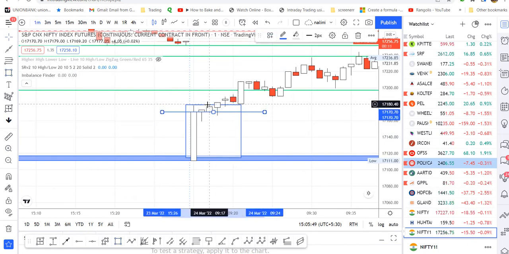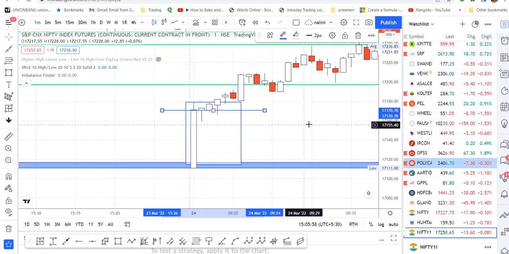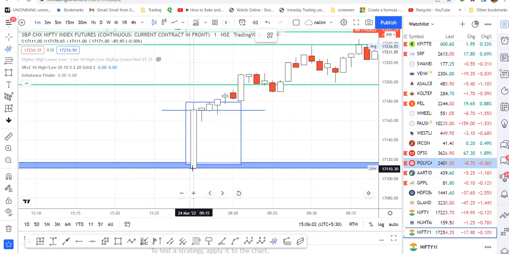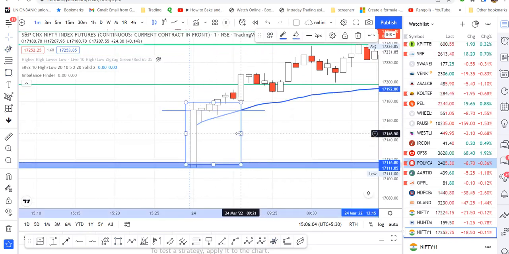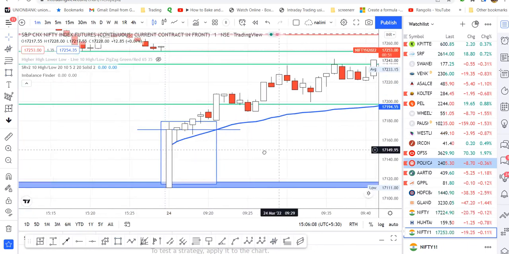You can see in 1 minute itself, price came down. Finally, there was a break of structure. This is the break of structure, break of the 1 minute candle. And also you can use anchored VWAP. Price is above the anchored VWAP in the 1 minute.